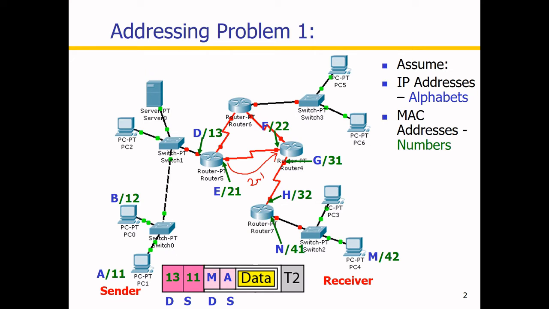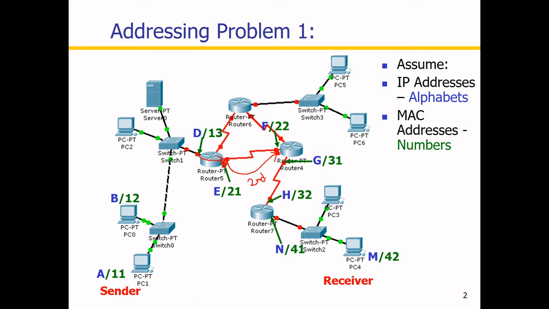Remember, the data is going to move from the D interface to this E interface, but we are not going to call this hop-to-hop delivery, because these are two interfaces of the same device. Since it's within the same device, this is not a hop-to-hop delivery. So the second hop is going to be from here to here, and the frame is going to look something like this. Your sender IP is going to be A.